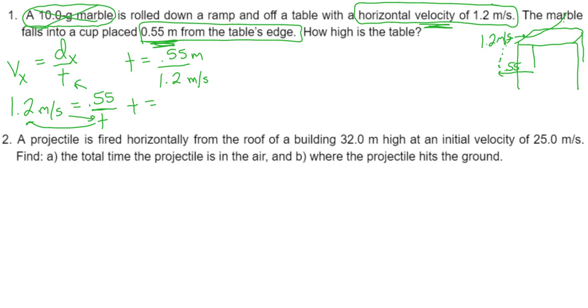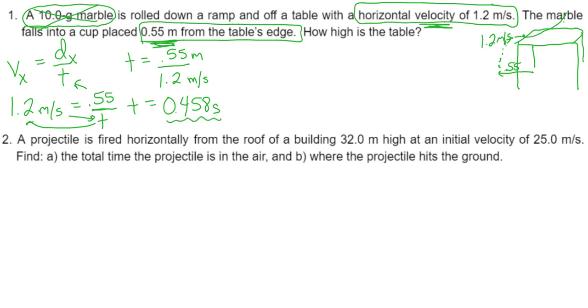The meters are going to cancel out, seconds is going to move to the top, so we're left with our time, which is what we want. And when I do that calculation on the calculator, 0.55 divided by 1.2 gives us a time of 0.458 seconds. I'm just going to go ahead and leave it at about that.